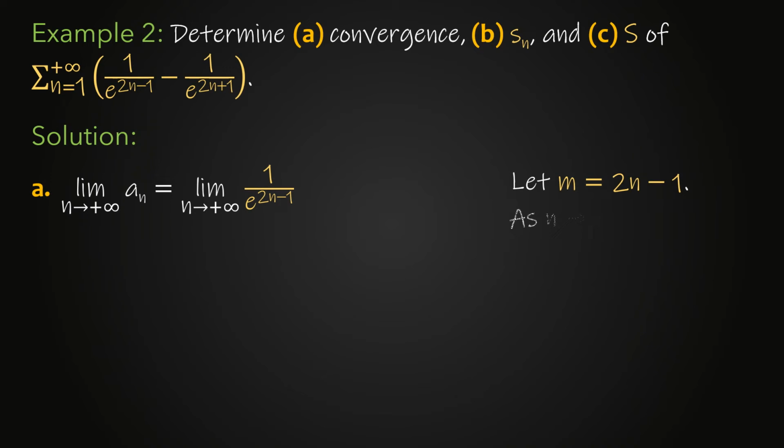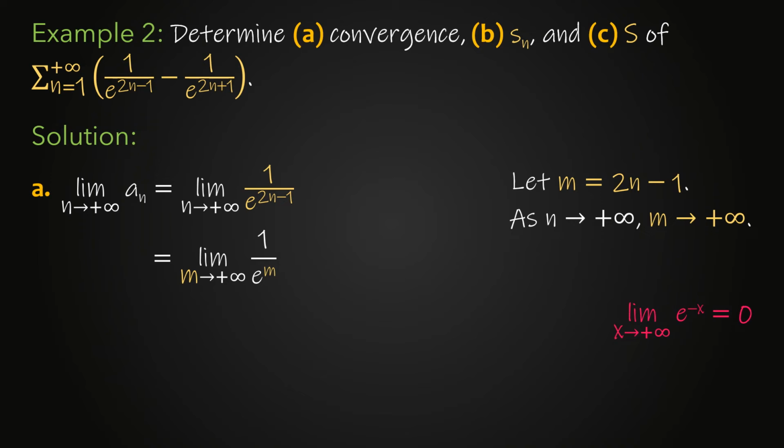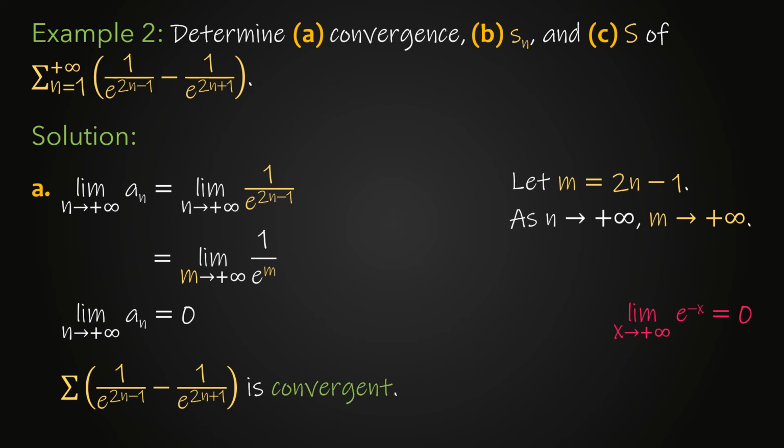As n approaches positive infinity, m also approaches positive infinity. Recall a limit at infinity expression of an exponential function. The terms of the series converge to zero. Therefore, the telescoping series is convergent.